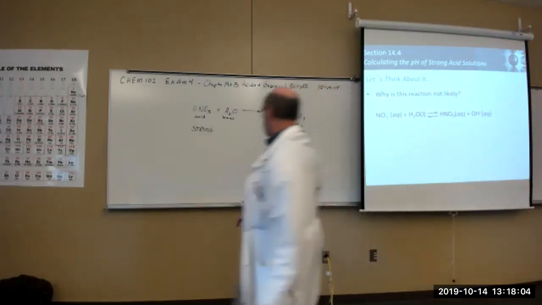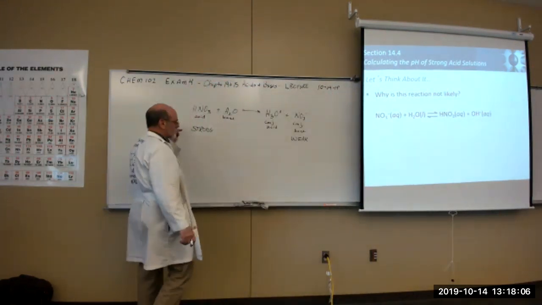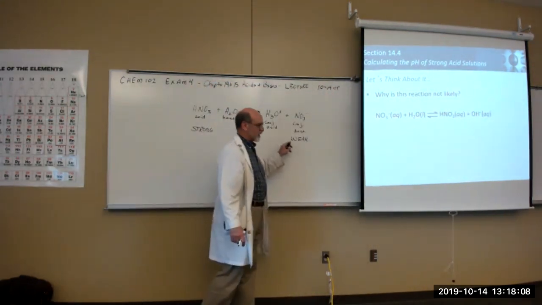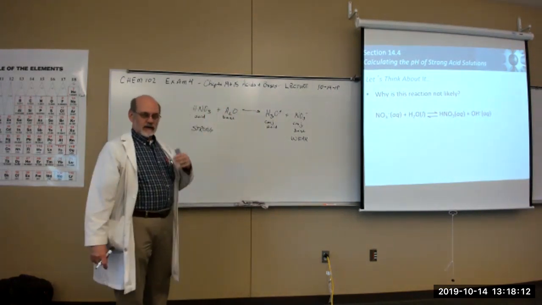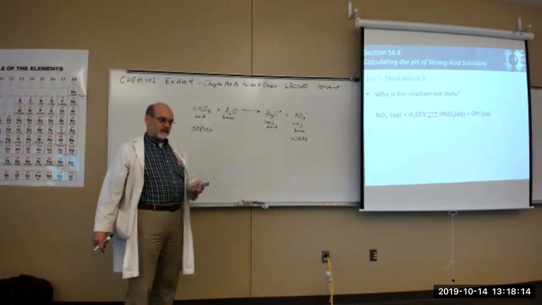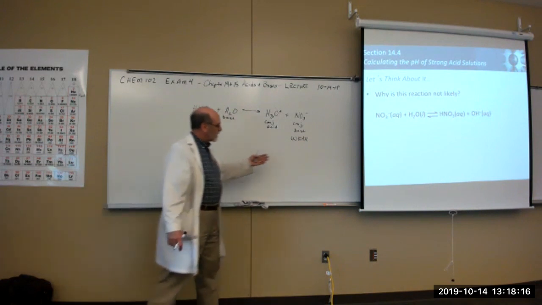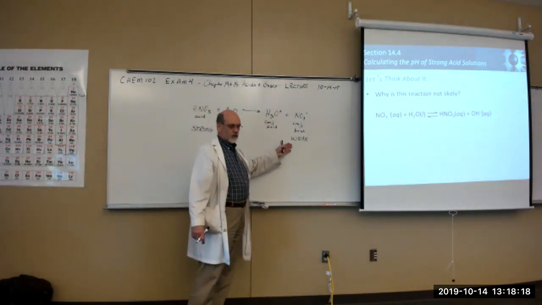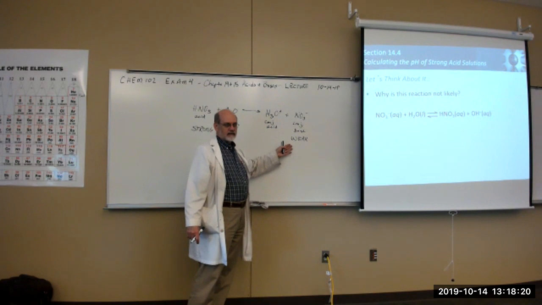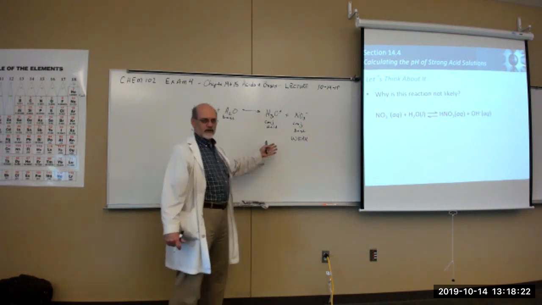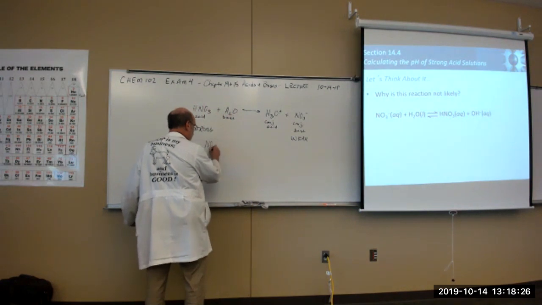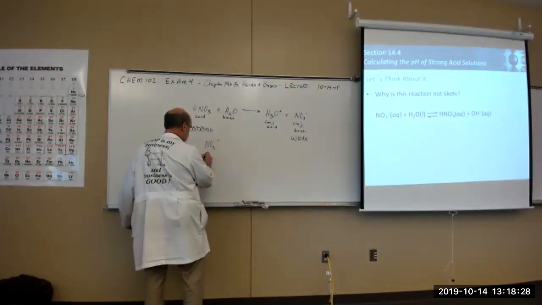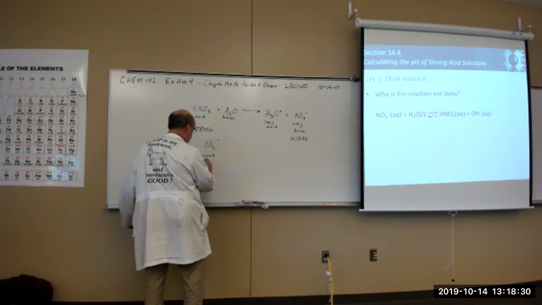All right. So if we know this is a strong acid, that means its conjugate base is weak. So what do we mean by a weak base? A base is a proton acceptor. So that means if it's a weak base, it doesn't want protons, right? It's happy just the way it is. It's not a good acceptor of protons. So now that we know that, this is a weak base.